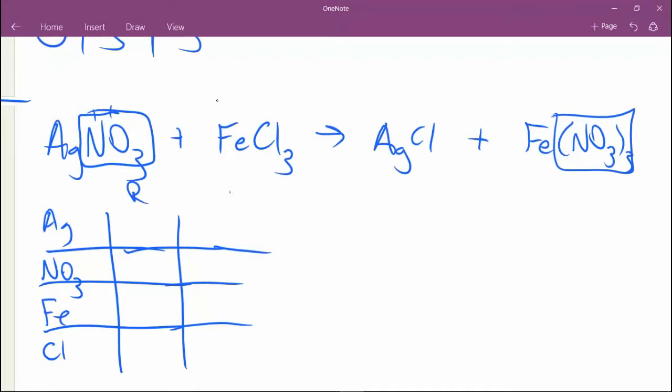So these are my reactants, these are my products. On the reactant side, I have 1 silver, 1 nitrate, 1 iron, and 3 chlorines. On the other side, I have 1 silver, 1 chlorine, 1 iron, and, sorry, not paying attention, I have 1 chlorine and 3 nitrates.